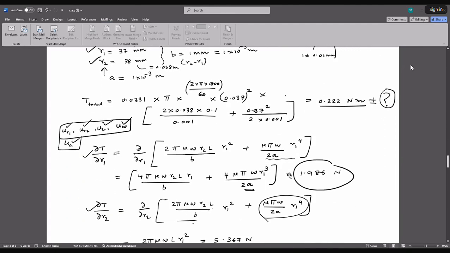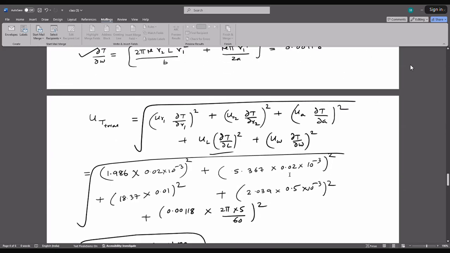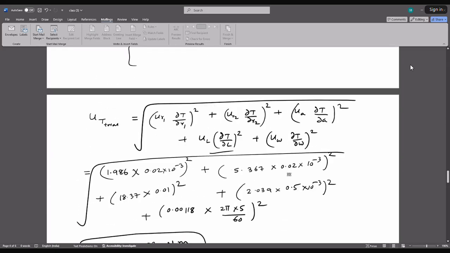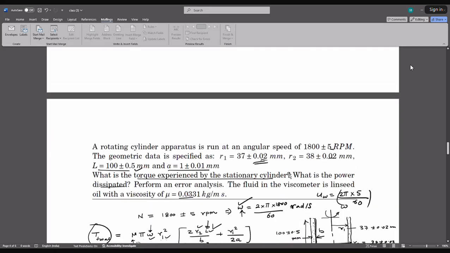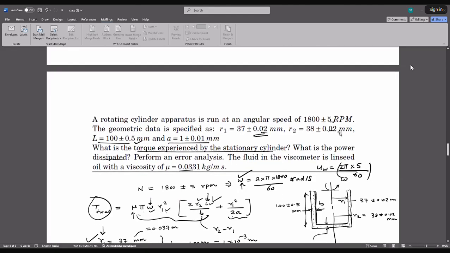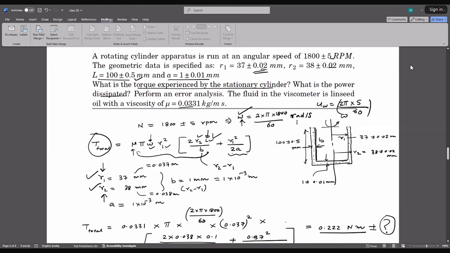Okay, sir. There is no, because from the uncertainty in R1 and R2, it is difficult to predict what will be the uncertainty in B when you subtract, because that itself would require uncertainty propagation. Understood, sir.